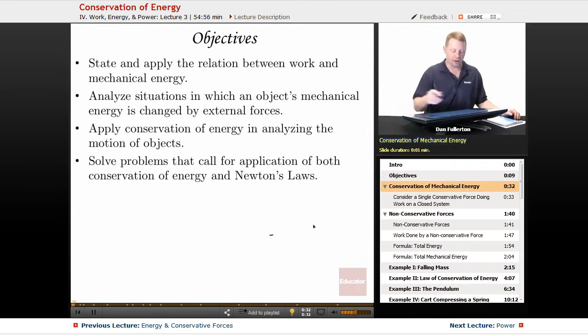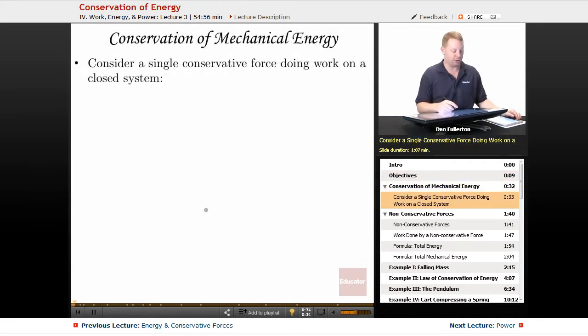So let's start by talking about conservation of mechanical energy. Let's consider a single conservative force doing work on a closed system. In that case, we know that the work done by that force is the change in its kinetic energy by the work energy theorem. But we also know that the work done by that conservative force is the opposite of the change in its potential energy.